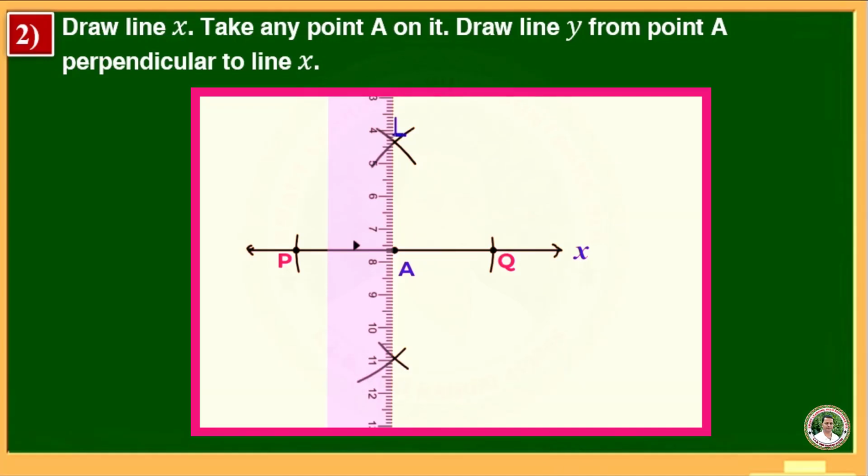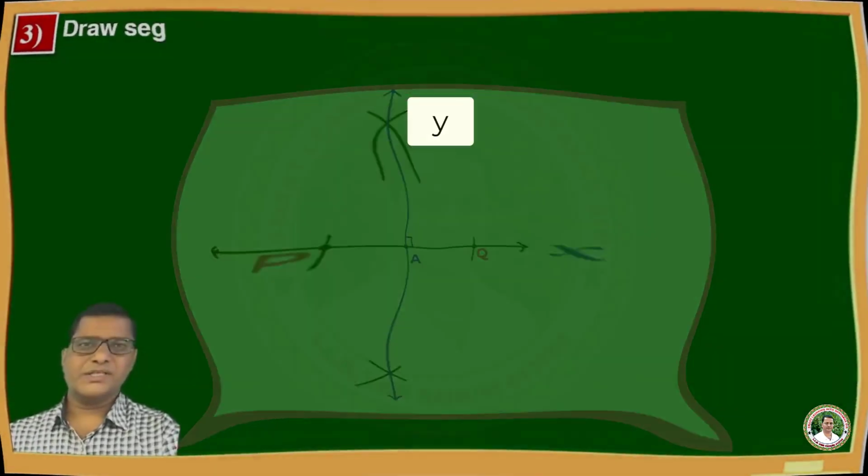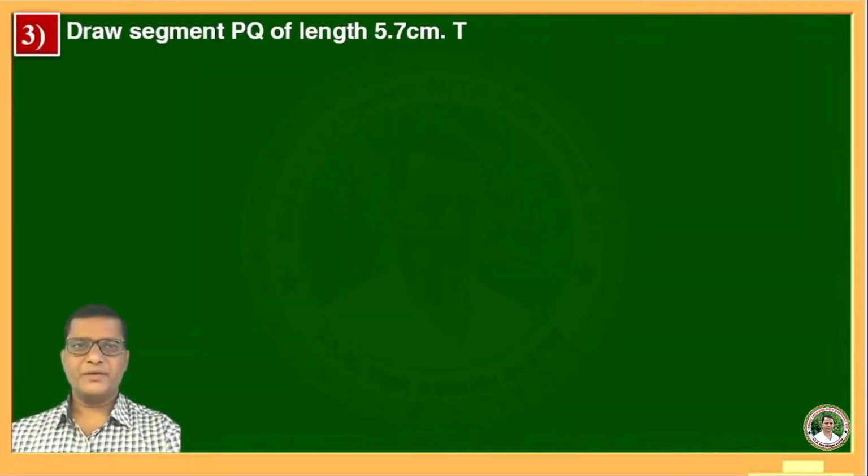Draw a line passing through the point of intersection of these two arcs. This line is perpendicular to line X at point A. This is the construction.